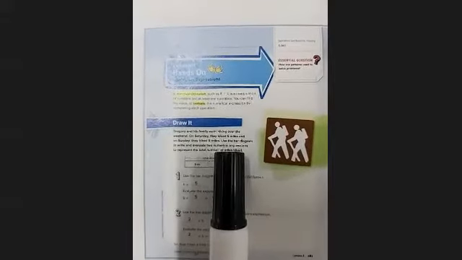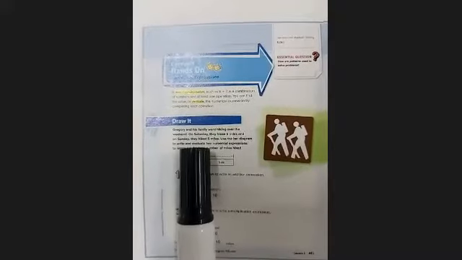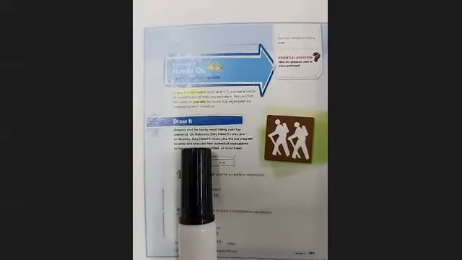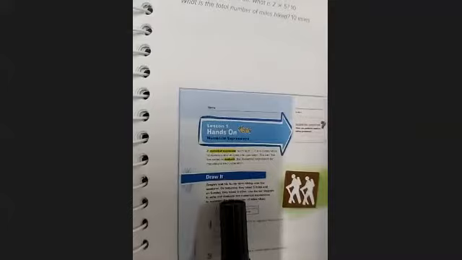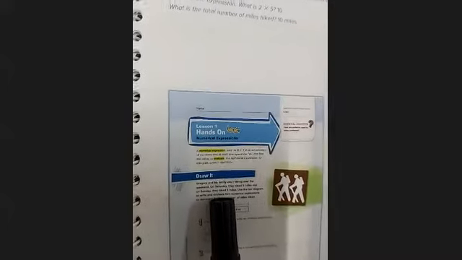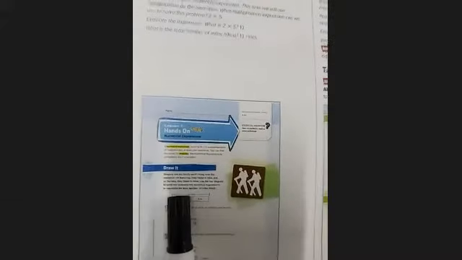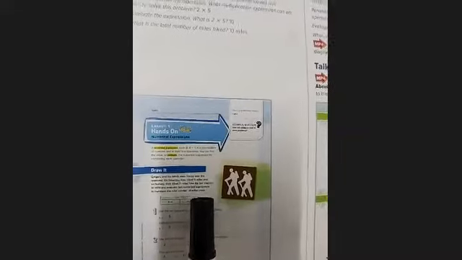Continue. Use the bar diagram to write and evaluate two numerical expressions to represent the total number of miles hiked.